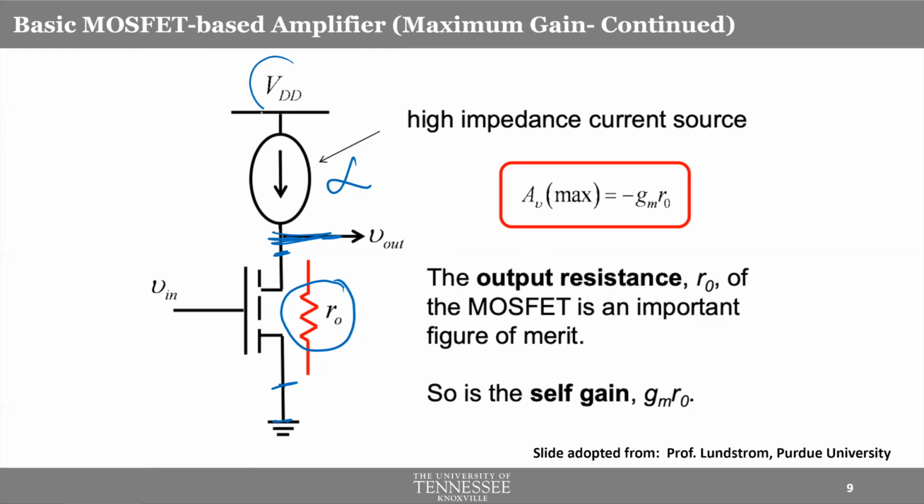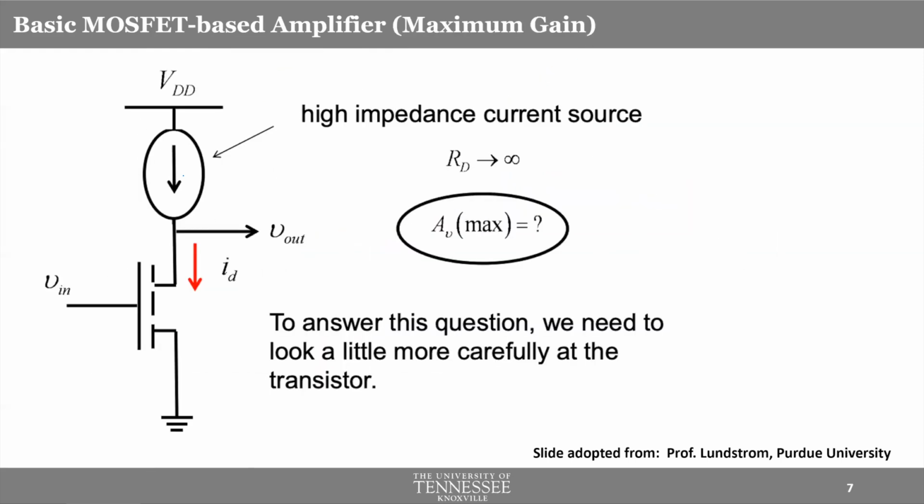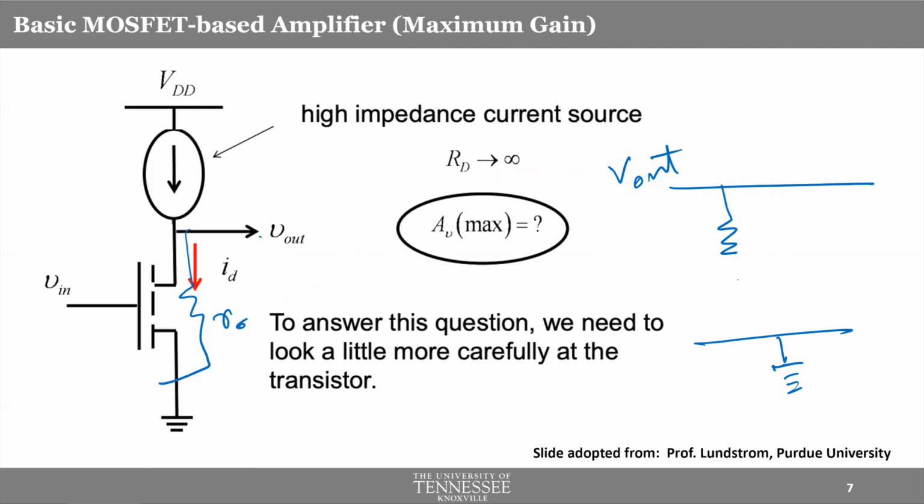By the way, this VDD can also be considered an AC ground because we are doing small signal analysis, right? So let me draw two nodes, Vout and ground. Between Vout and ground, you have this resistor R0. Again, this is going to be ground for AC analysis, small signal analysis.